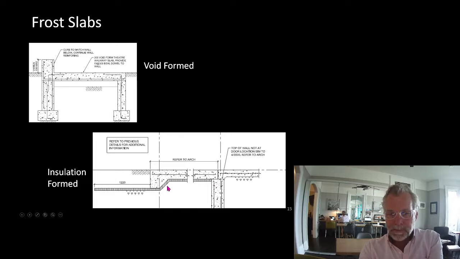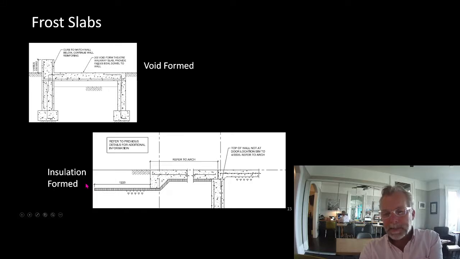If we can prevent this ground under here from freezing, then we can prevent it from heaving. We need to take the insulation out far enough beyond the edge of the slab that the total distance to the soil under this edge is larger than the depth of frost penetration.